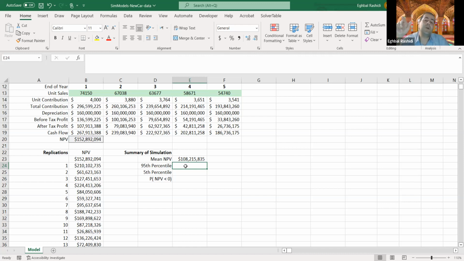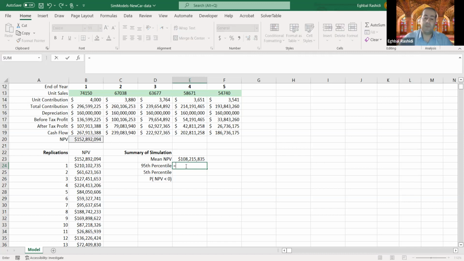That means it's going to be the 950th number when you arrange these numbers from the smallest to the largest in ascending order. So 95% of the experiments, or replications, are smaller than that number, and only 5% are bigger than that number.